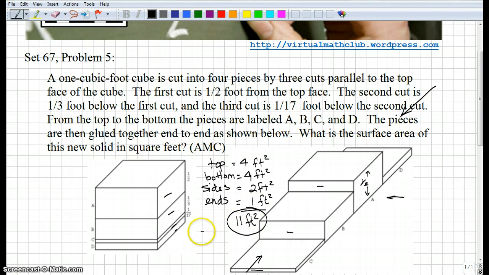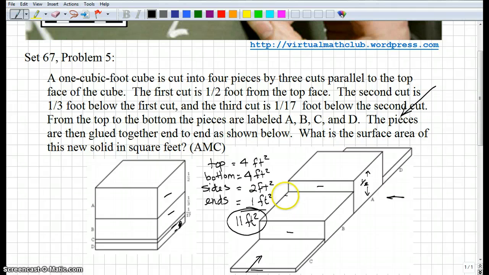I know when I did this problem the first time, I didn't think of the simplest way to do it first. For some reason I was thinking I needed to know how thick this leftover bit was, so I went through a lot of work for nothing. All you need to do is look at it as a top view, a bottom view, a side view, and an end view, and just look at the total area that you're going to see.